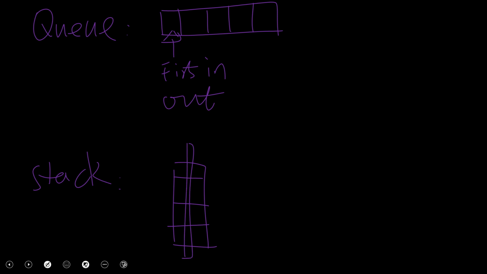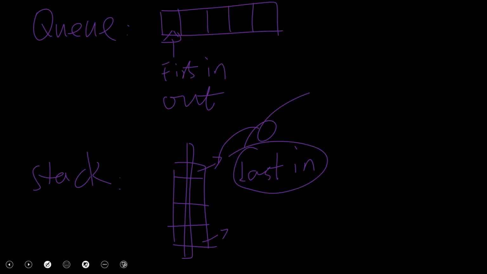For the stack, consider it like a stack game. If we want to get one out, you always take the top one first. This means the top one is always the last one in, last in, first out.